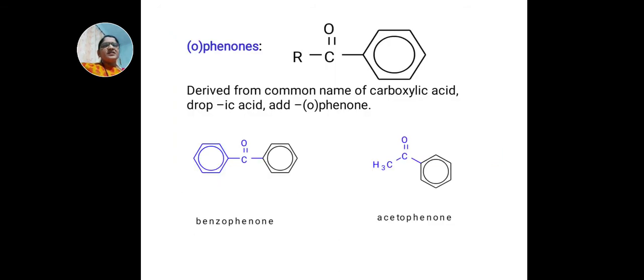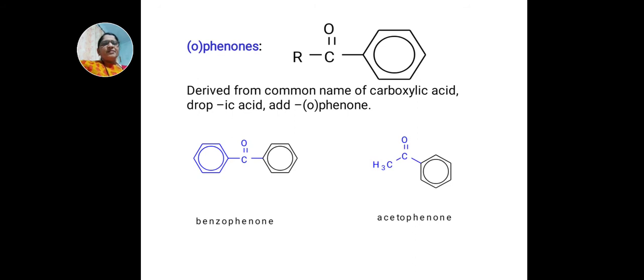Then next one, nomenclature of aromatic ketone. That is also derived from the common name of carboxylic acid, which is prepared by oxidation of this ketone, by replacing -ic acid by -phenone. Then first example, the name of this compound is benzophenone. That means by oxidation of this compound it forms benzoic acid.